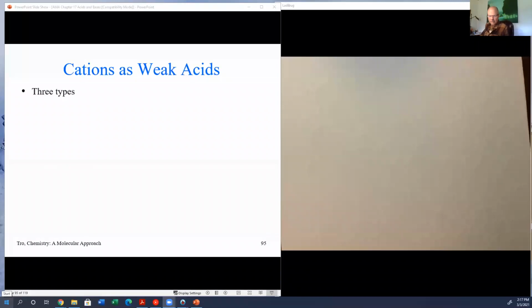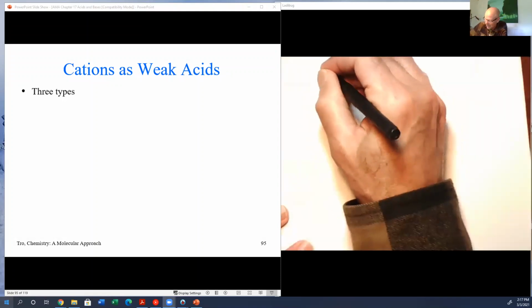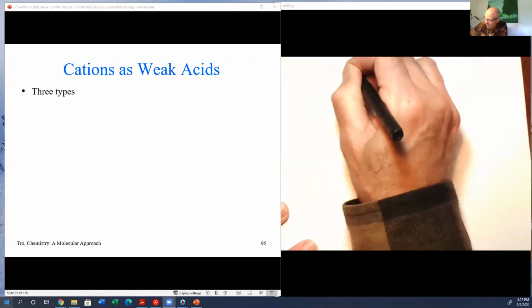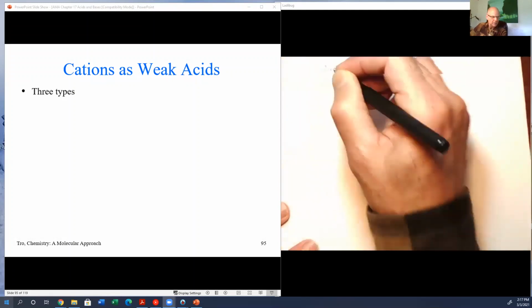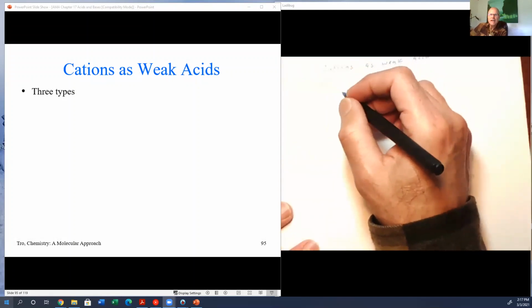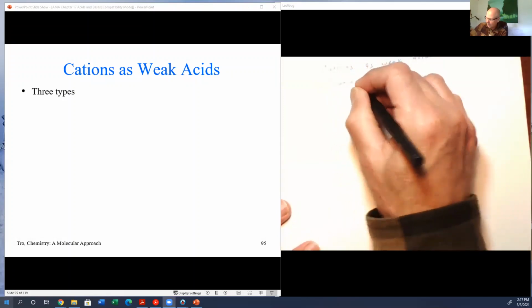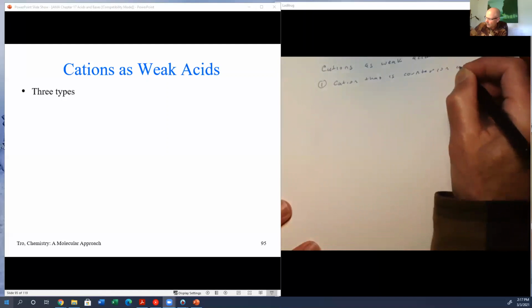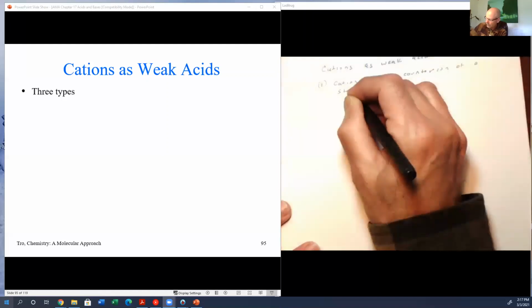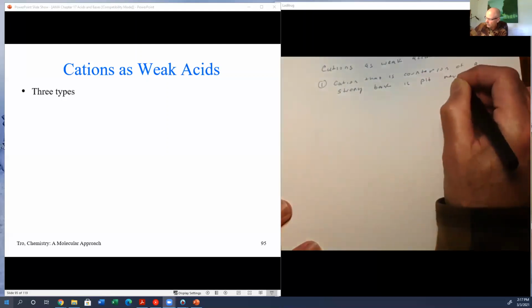So cations as weak acids. There are acidically three types. No pun intended. The first type is a cation that is the counter ion of a strong base. A cation that is the counter ion of a strong base is pH neutral, right?